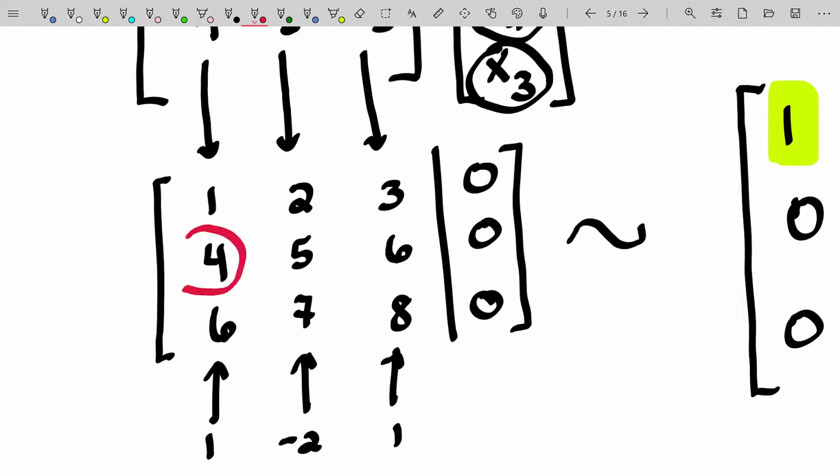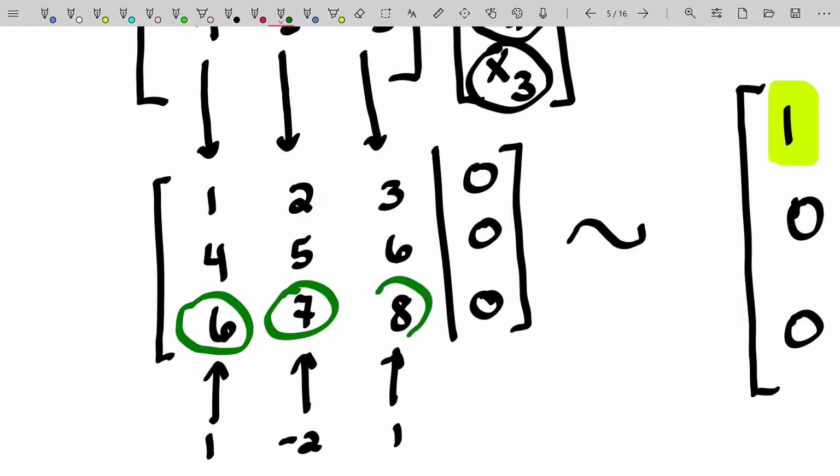One of these, that's 4, minus 2 of these, so 4 minus 10 is negative 6, and add one of those. Negative 6 plus 6, yep, that's 0. And we could try it again in the last row if you're not convinced, right? One of these, that's 6, minus 2 of these, so 6 minus 14 is negative 8, and one of these plus 8 is definitely 0.